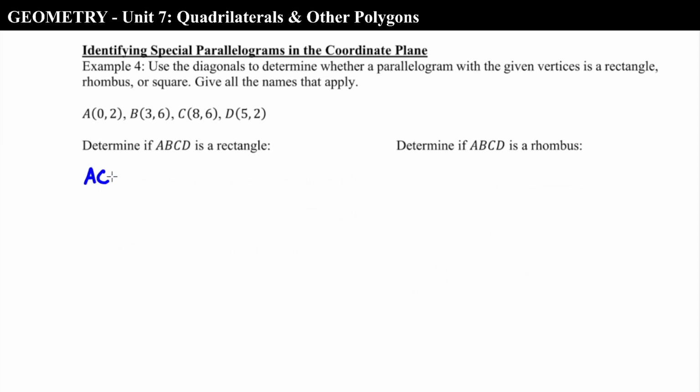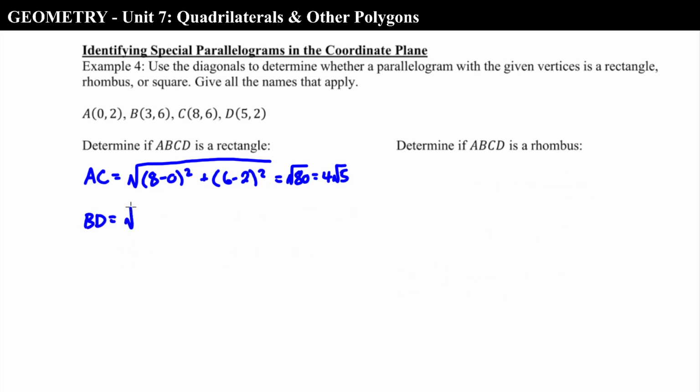So AC is equal to the square root of (8 minus 0) squared plus (6 minus 2) squared. And that's going to give us the square root of 80, which is 4 times the square root of 5. Now, the distance of BD, that's going to be (5 minus 3) squared plus (2 minus 6) squared.